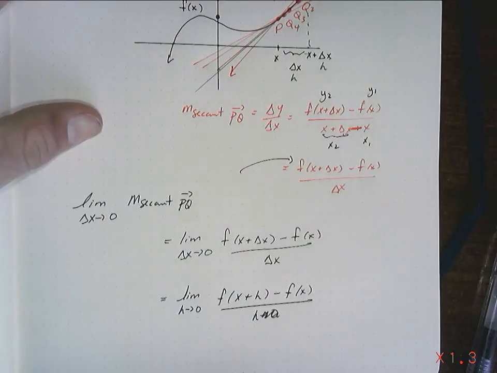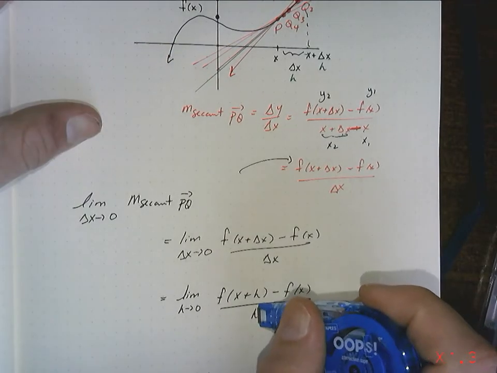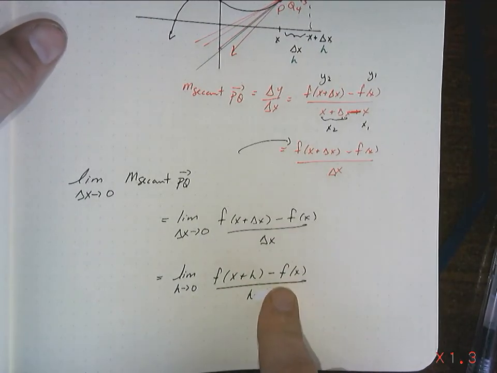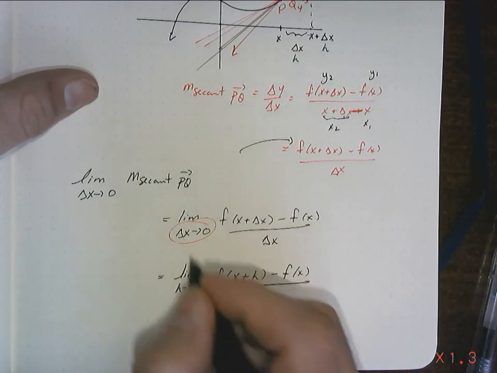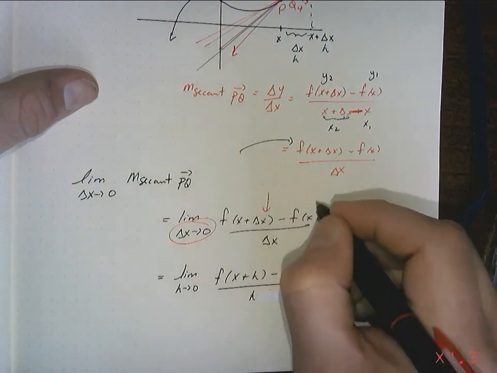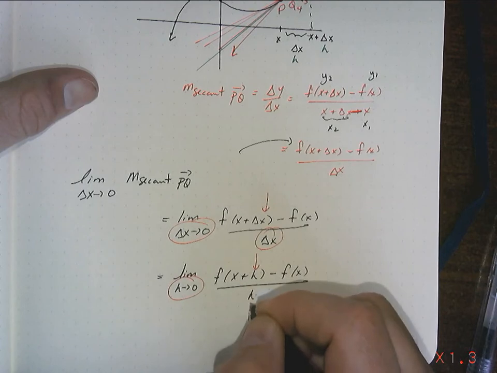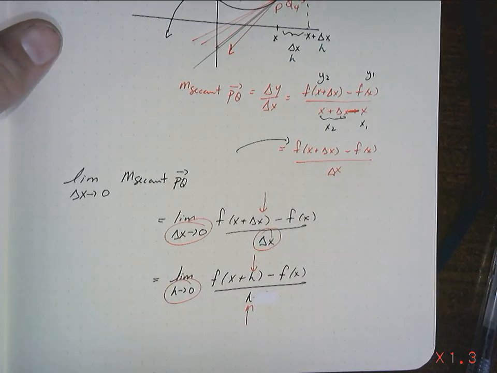That's just h. There is no difference between the top one and the bottom one. Notice this one has delta x, delta x, delta x. This one has h, h, and h. It's just a difference in the variables that we use.